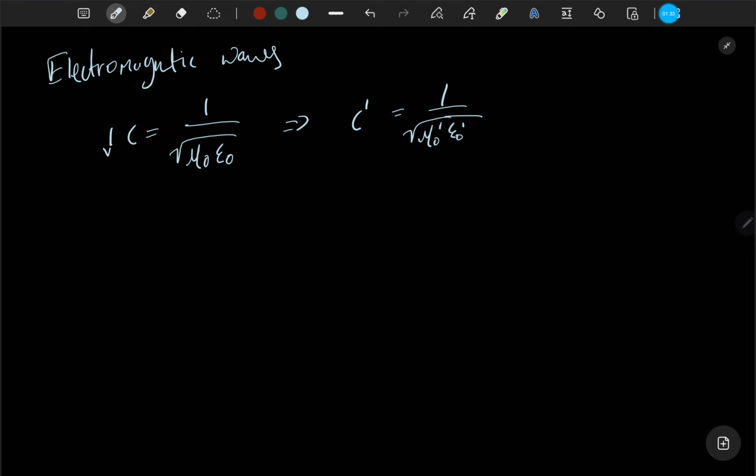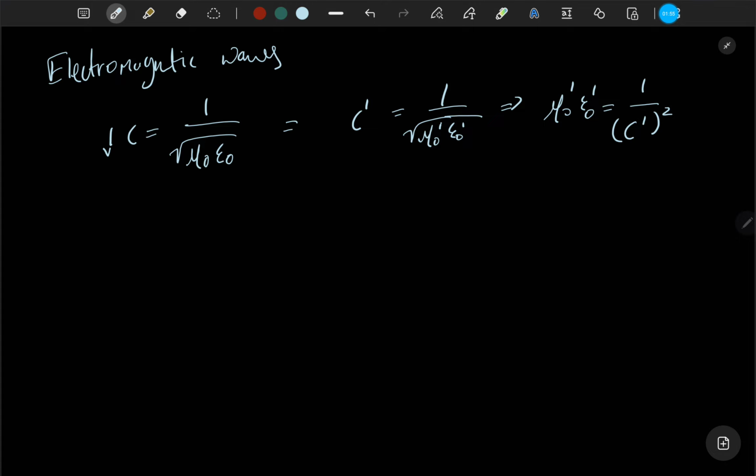And you can rewrite this into something like mu naught dash epsilon naught dash equals 1 over c dash squared, right?